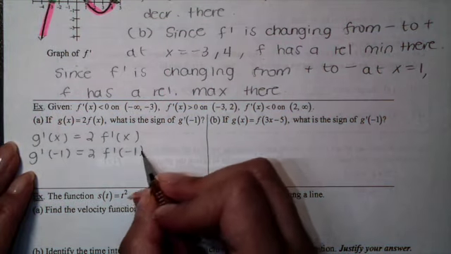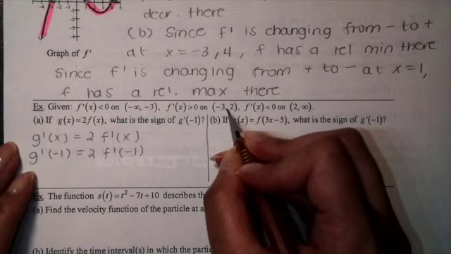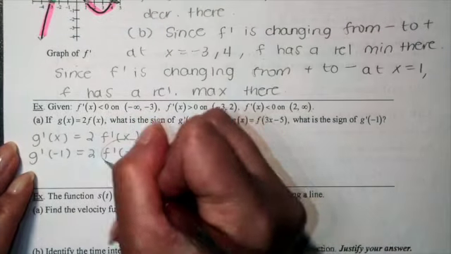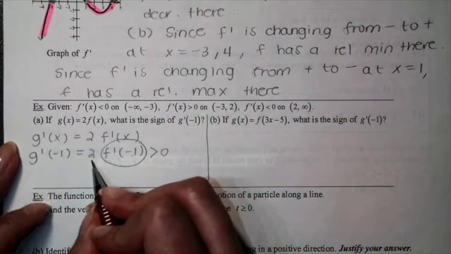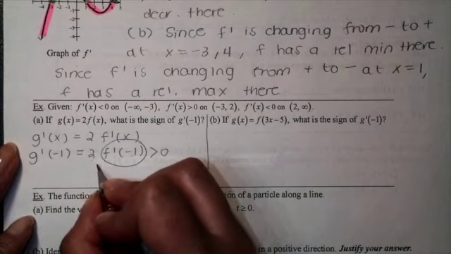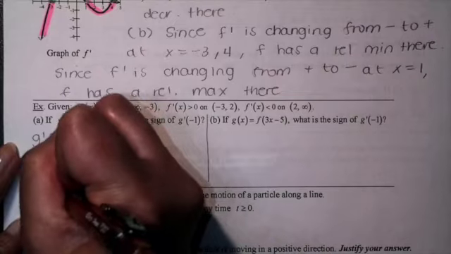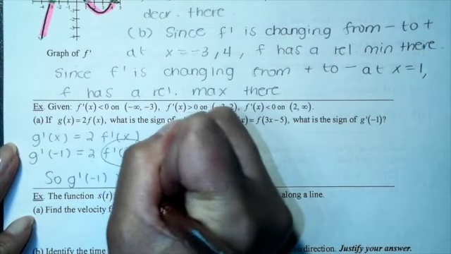Negative 1 is located here, it belongs to that interval. Therefore, you know that f prime of negative 1 is going to be greater than 0. In addition to that, you know that 2 is greater than 0. So what can you conclude? Positive and positive is going to be greater than 0. So you can say that g prime of negative 1 is greater than 0.